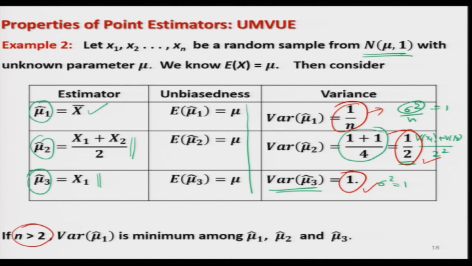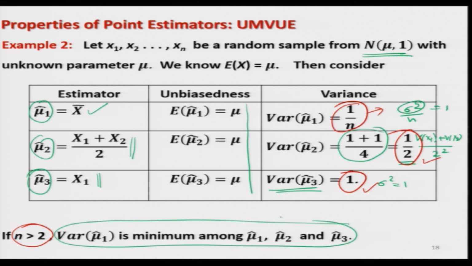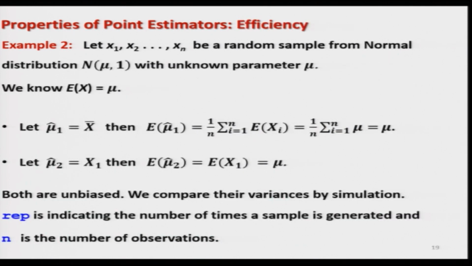Right, and definitely when you are dealing with statistics and data sciences, you expect that the observations will be at least more than 2. So, this condition is usually going to be satisfied in all practical applications, and you can see here that for n greater than 2, the variance of mu 1 hat is minimum among the variances of mu 1 hat, mu 2 hat, and mu 3 hat. So, I can say here that this is the best estimator, right.